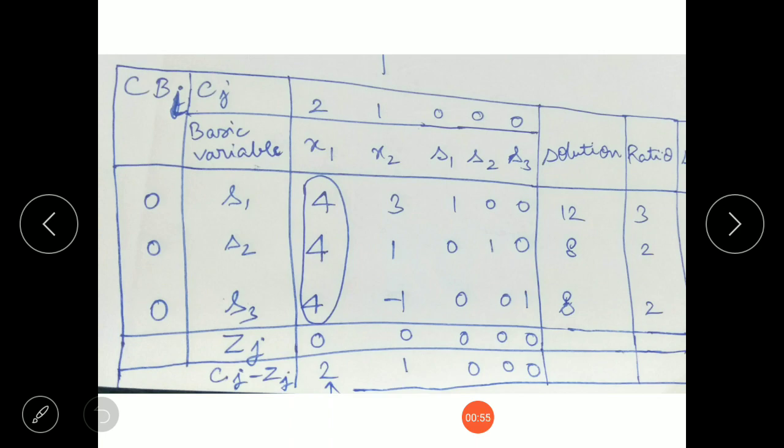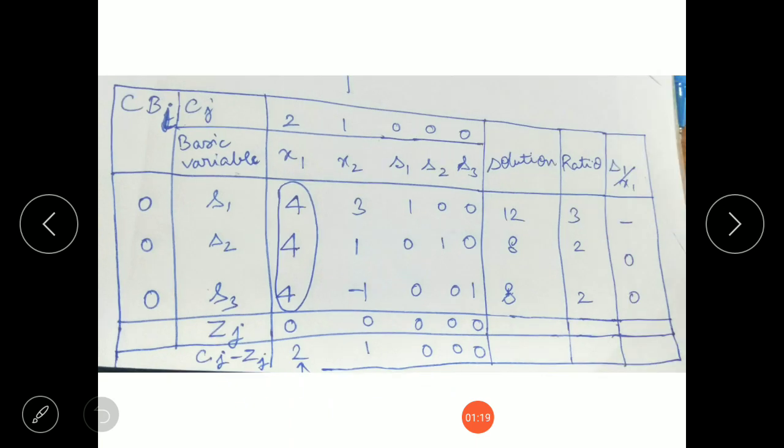So whenever you see two minimum elements in the ratio column, you will know that degeneracy has occurred, as you won't be able to decide which row to take as the key row. For solving this type of problem, the next step we'll do is dividing S1 by the key column.